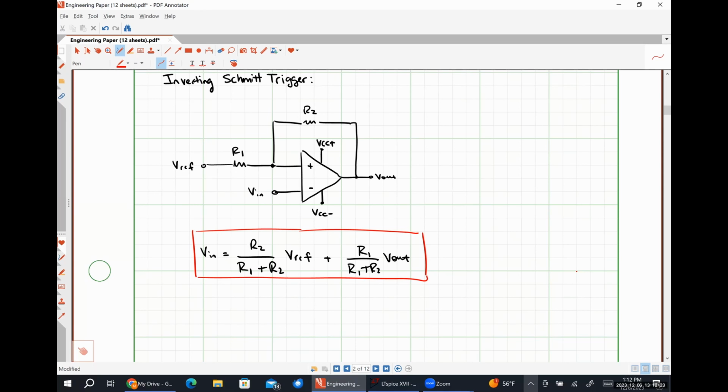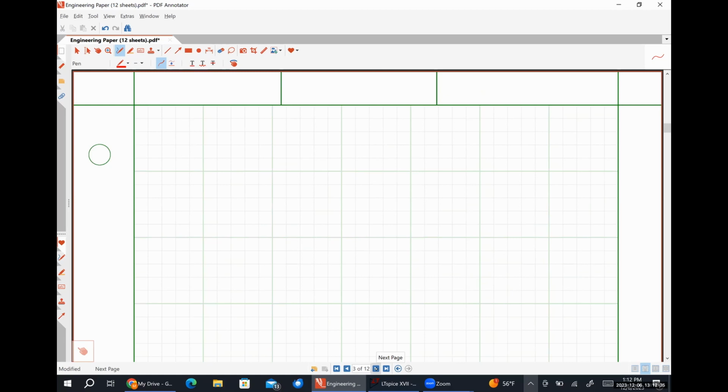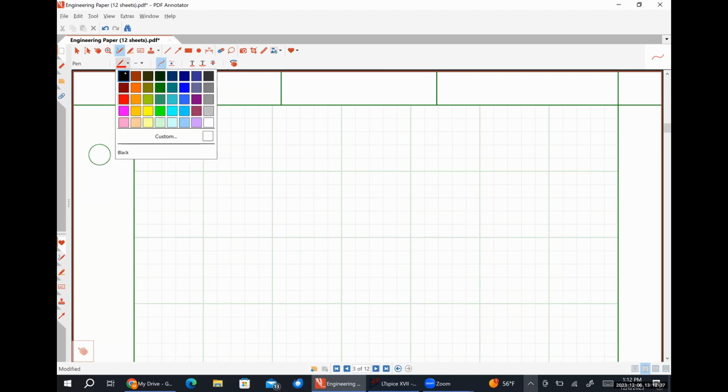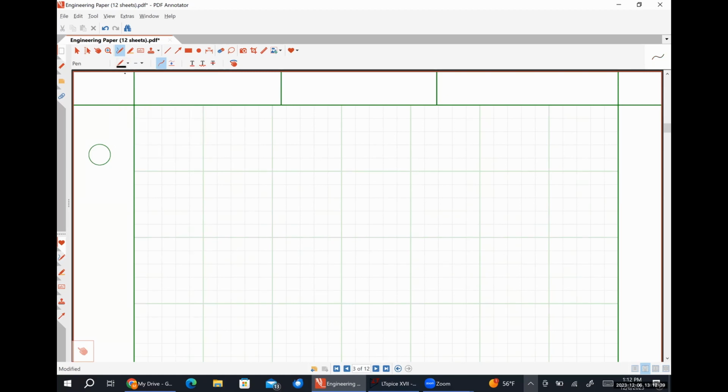So now let's talk about the op-amp multi-vibrator circuit. As I said earlier, this is a pretty interesting circuit.